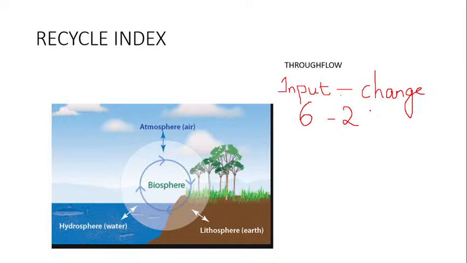Then through flow becomes all output flows plus change in the storage. Now we'll see CI.